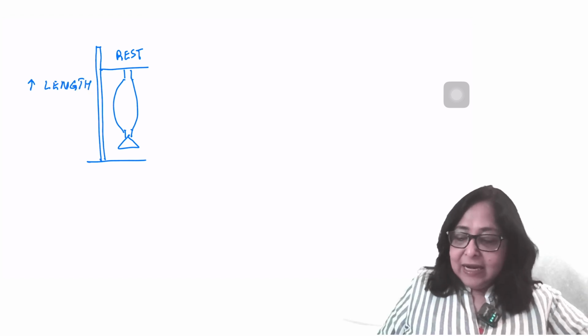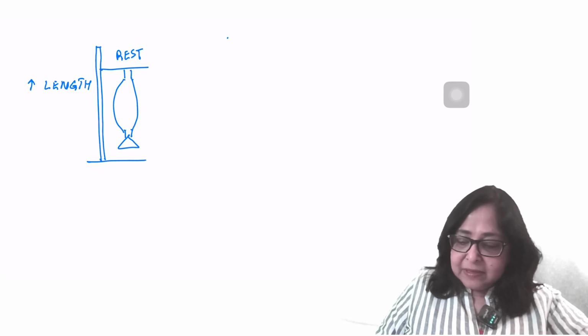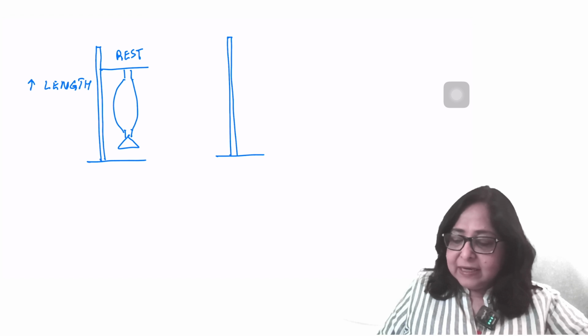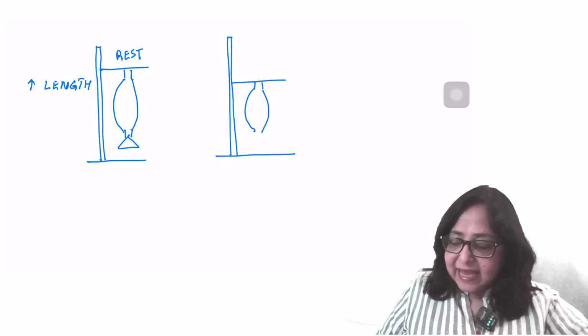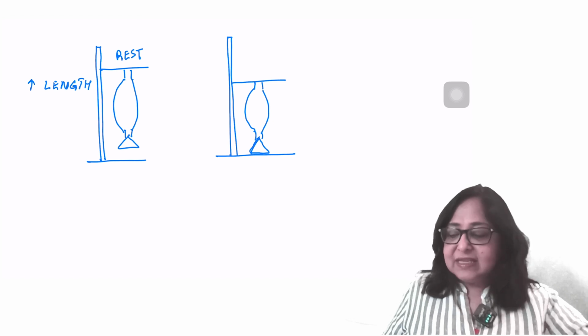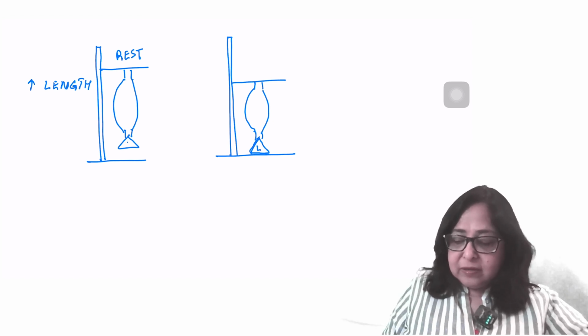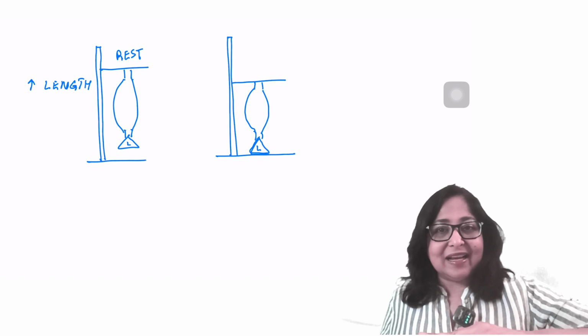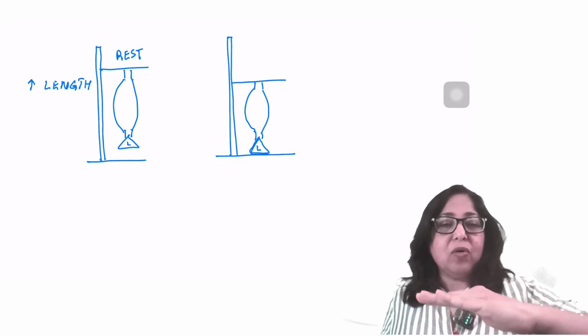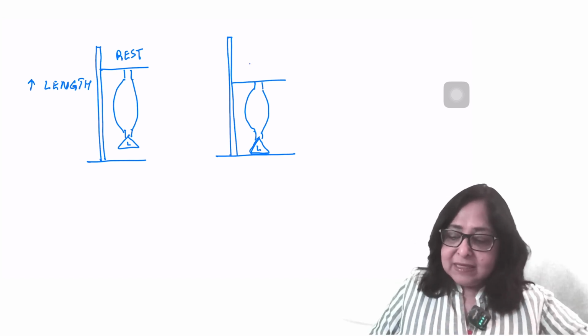Right? Let us take another. Now it's the same muscle, same load, but a little different in the sense that now the muscle is hanging, the load is attached to it. But as you can see, this load is now resting on a platform or on a table. The muscle is at rest.